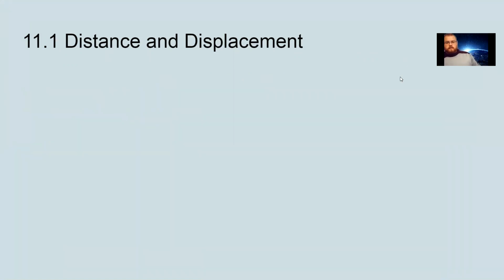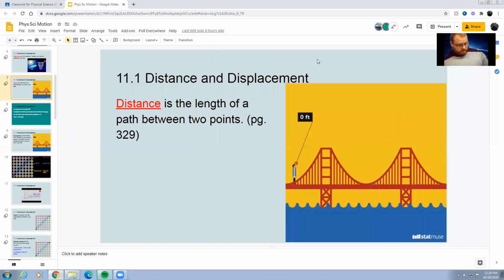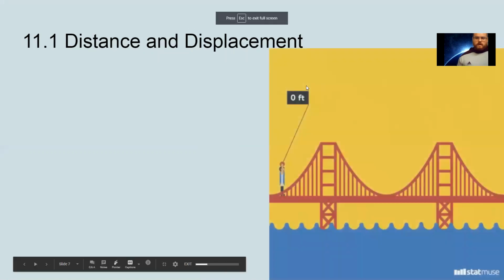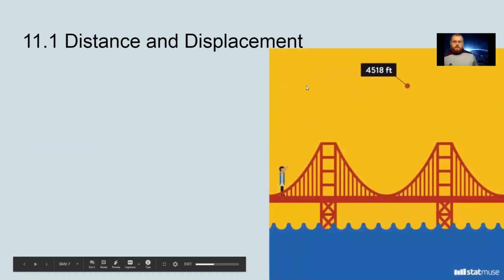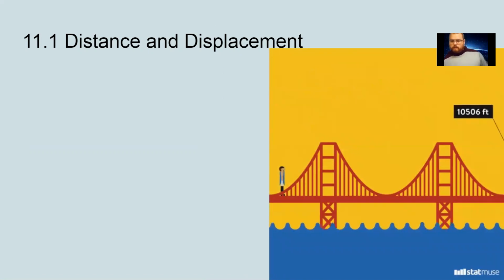All right, distance and displacement, the difference between them. So the distance that you're seeing the ball travel, we're seeing that it's moving up and out.